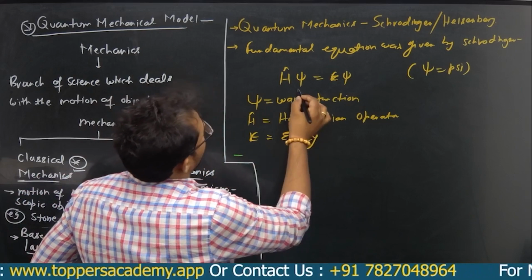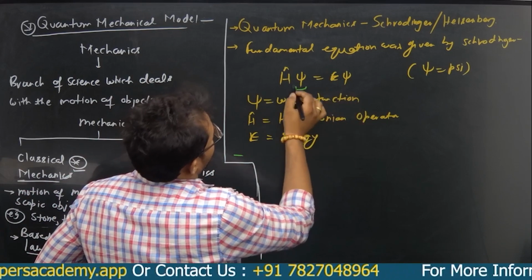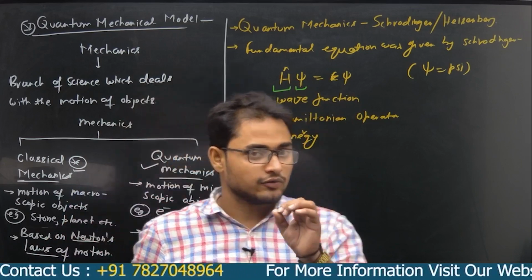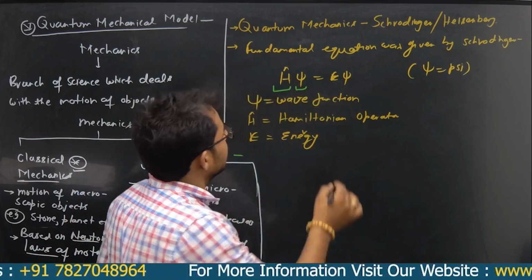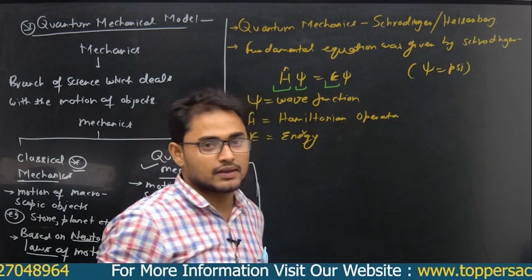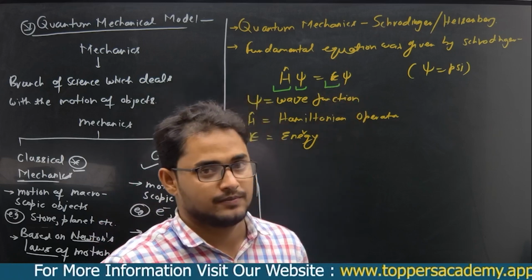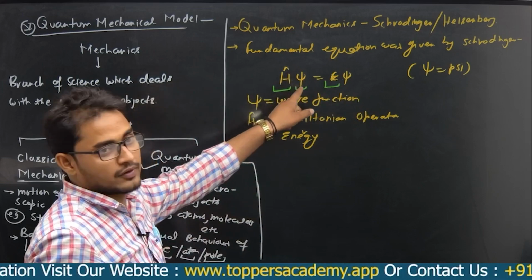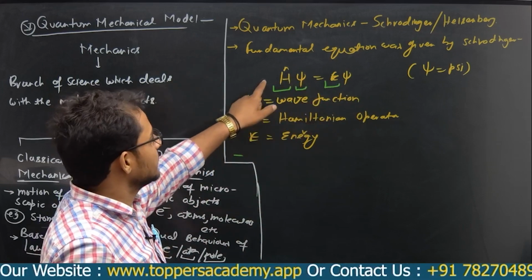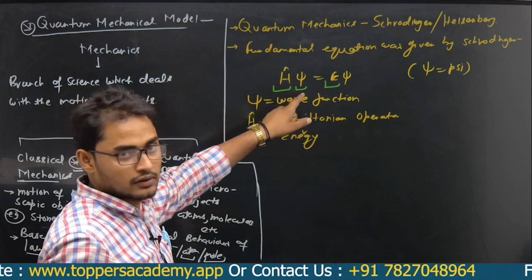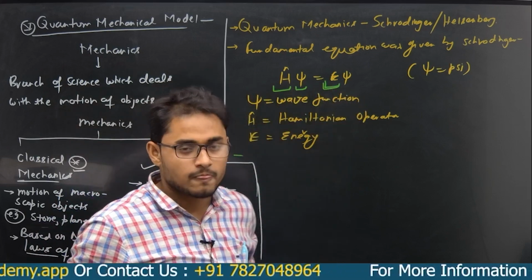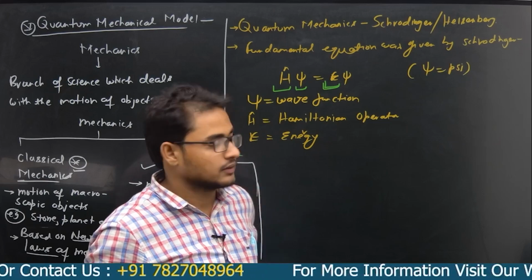So listen, suppose we have a wave function. If we apply the Hamiltonian operator on that wave function, then we will get the value of energy regarding that wave function, okay? If we have a wave function psi and we apply the Hamiltonian operator on that function, we will get the value of energy, right?